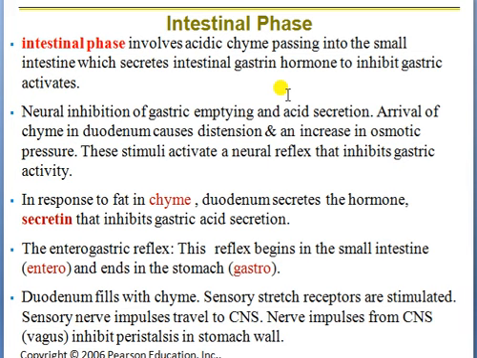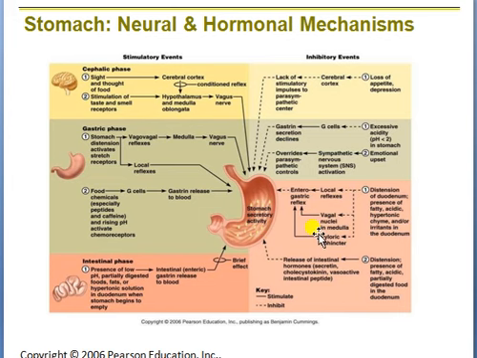I am repeating the point: when the food material enters the intestine, the sympathetic system is activated and inhibits the gastric secretions in the stomach. That is the reflex. And one more important point is when the chyme enters the duodenum, it secretes secretin. That secretin hormone inhibits the gastric acid secretion. So this is the entire intestinal phase.